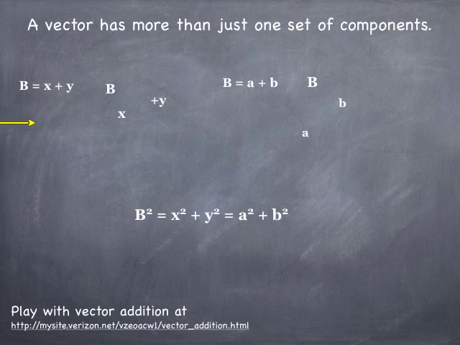I can take vector B and break it into components x and y, horizontal and vertical, for example. But I can take that same vector B and express it in terms of components at other angles. A is parallel to an incline, as we just saw, and B is, say, perpendicular to an incline.